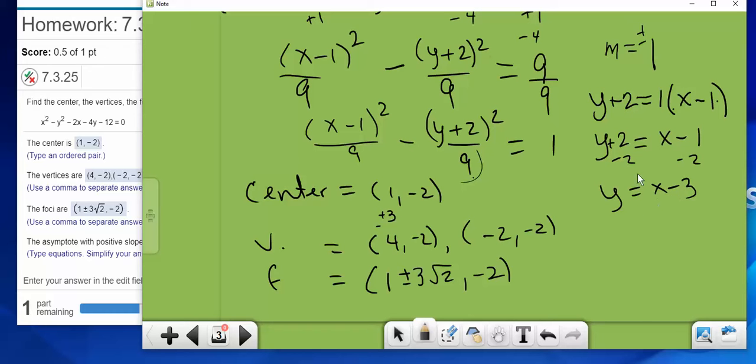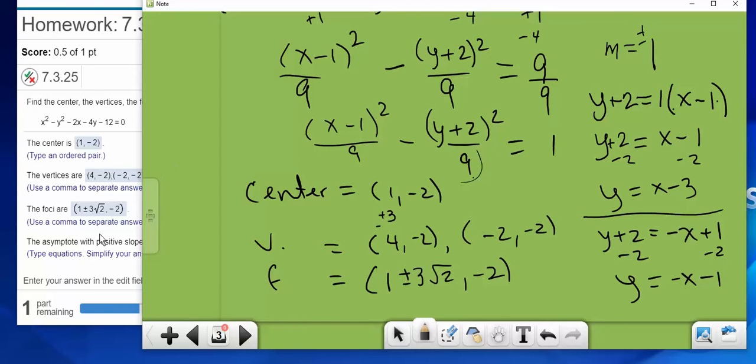That's the positive slope. Then we have to do the negative slope. If we have this be negative 1, I'll distribute negative 1, so it'll be negative x plus 1. Then subtract 2: y equals negative x minus 1.